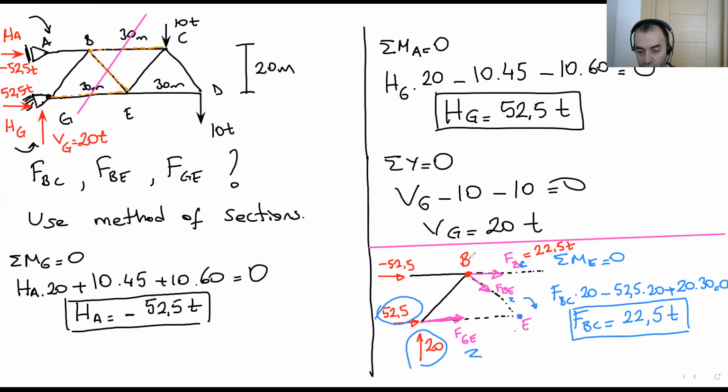So there is only FGE, so we can calculate it easily. Let's do it. Let me write that equation here. Total MB is 0 here.